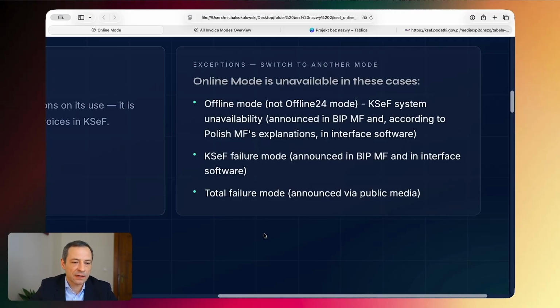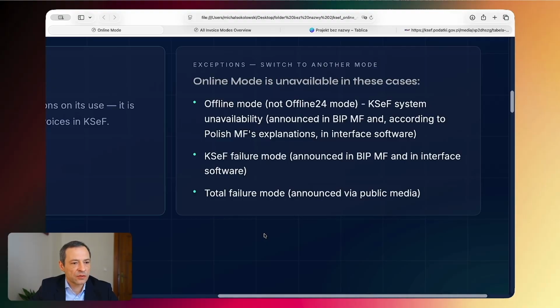So my understanding is that while logged into your account in the Polish National Electronic Invoicing System, you will be able to see that the service and maintenance works are being performed. The online mode is not available, and the offline mode is the go-to mode to issue an invoice.